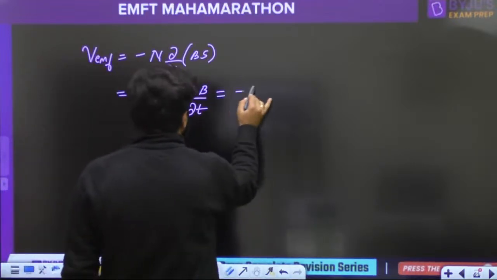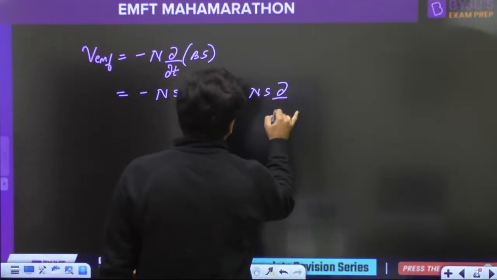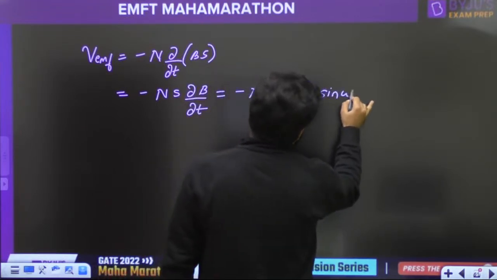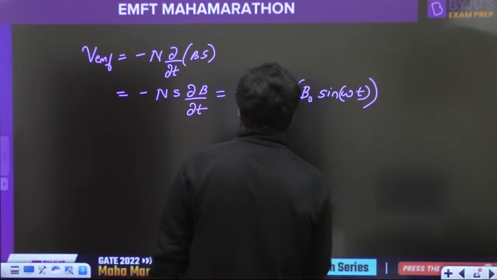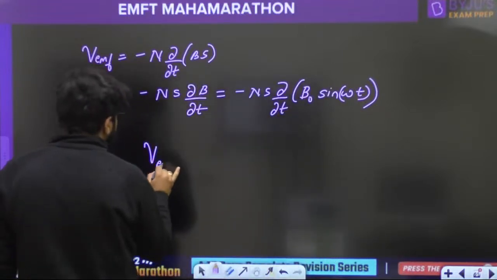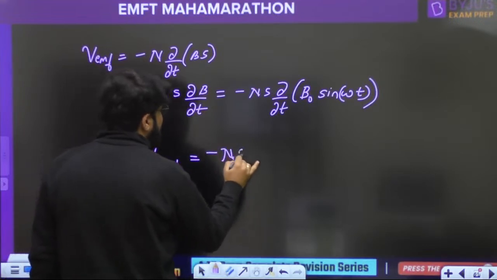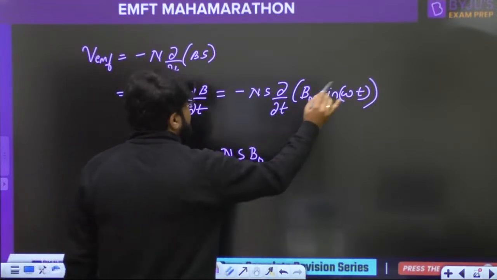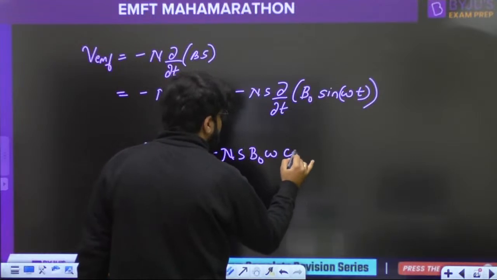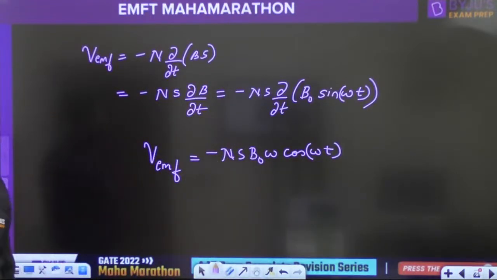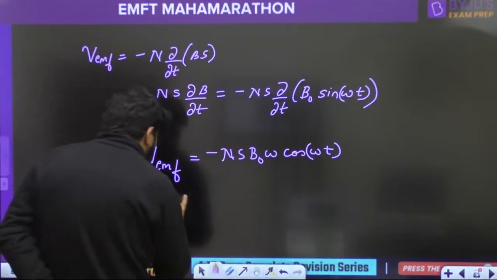What is the value of B? I have assumed it as some amplitude B naught sine omega t. After differentiating, the induced EMF is minus nS B naught omega cos omega t.